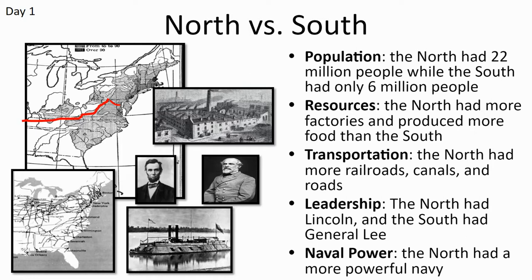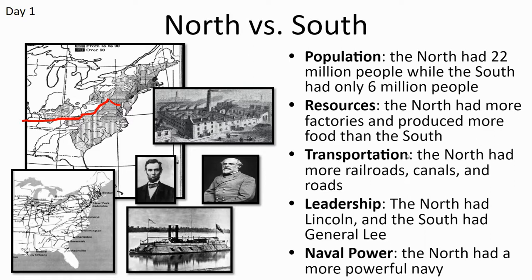Now, in the South, Jefferson Davis had very little power as president of the Confederacy. In fact, if you think about one of the things the Confederacy is fighting for, they are fighting for the right for states to make their own decisions, which means there's going to be a lot less power for the federal government than for the state government. Because of that, Jefferson Davis really does not have that much political power in the South.